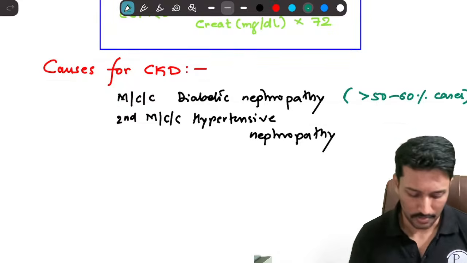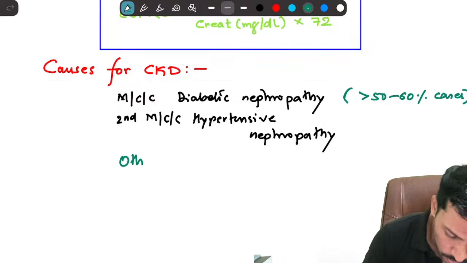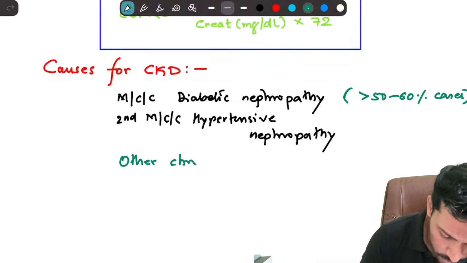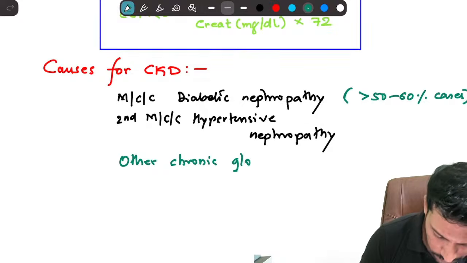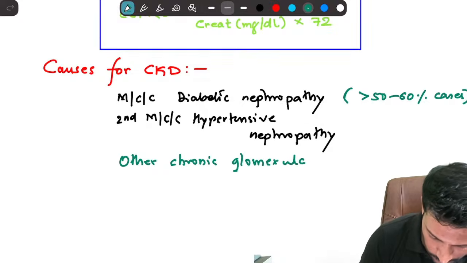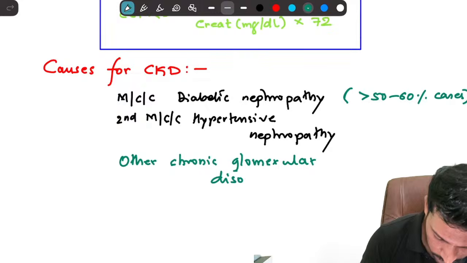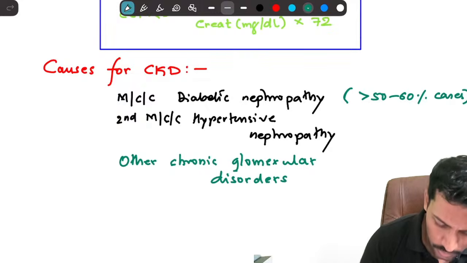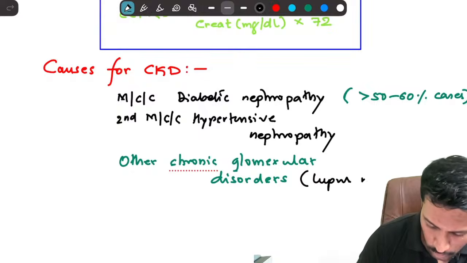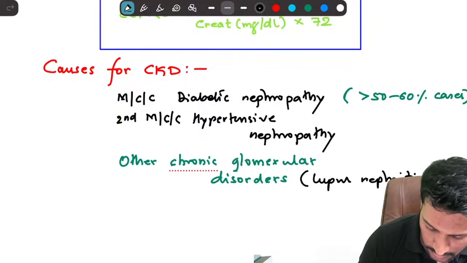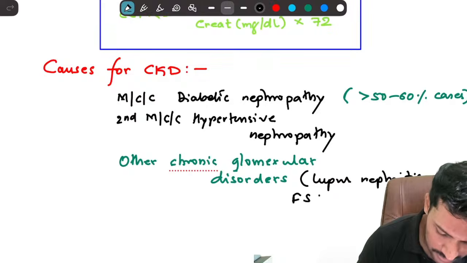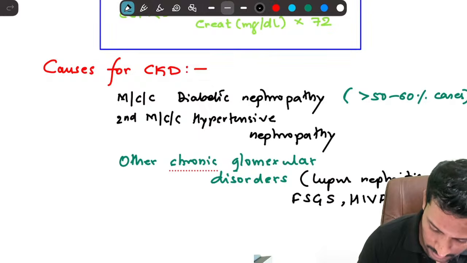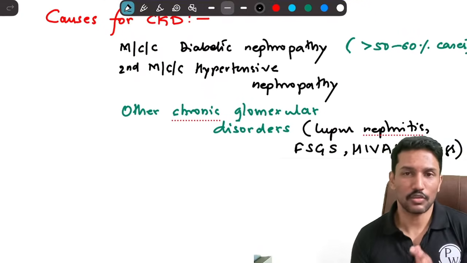So other chronic glomerular disorders account for a very minuscule number of cases, like lupus nephritis, focal segmental glomerulonephritis, which can also be because of HIV, then drugs like analgesic nephropathy. These are all less common causes, right?